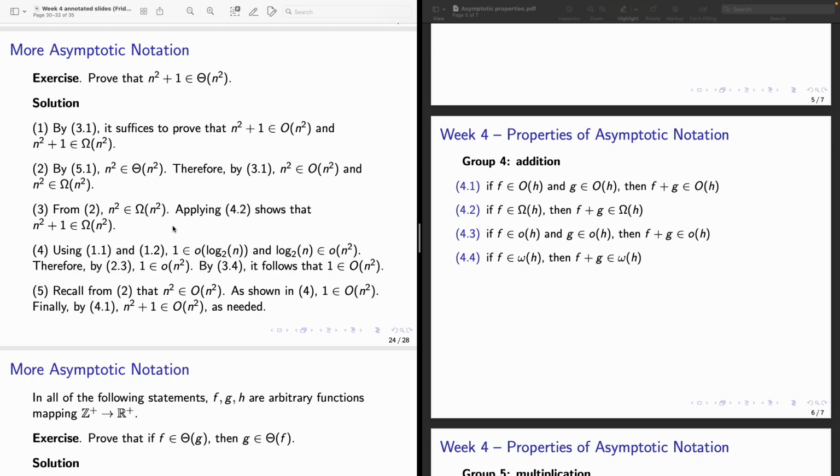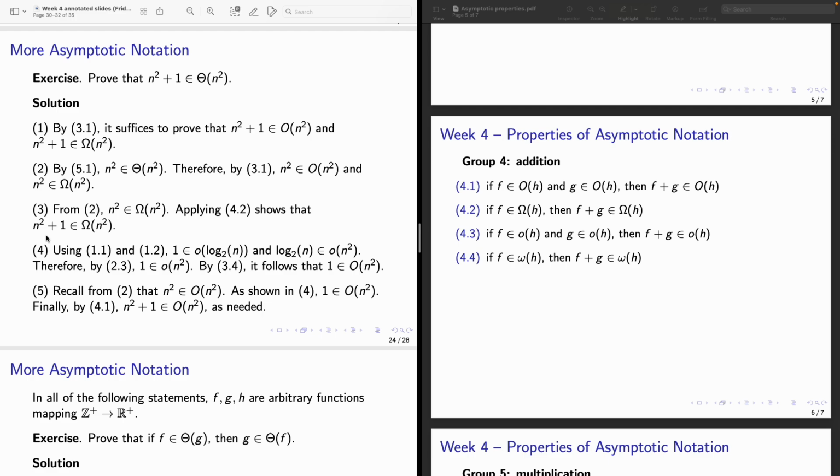Which lets us say that we know that n squared is in big omega of itself, and thus n squared plus 1 is in big omega of n squared. And also intuitively it makes sense. N squared plus a little bit will always be slightly greater than n squared.